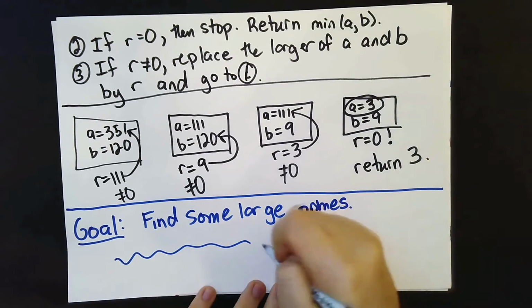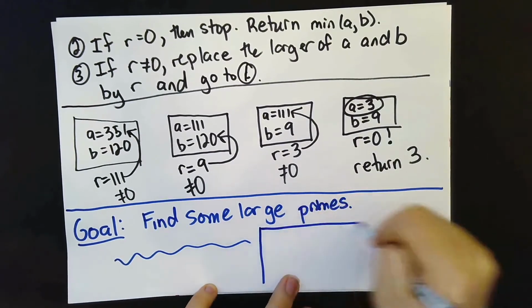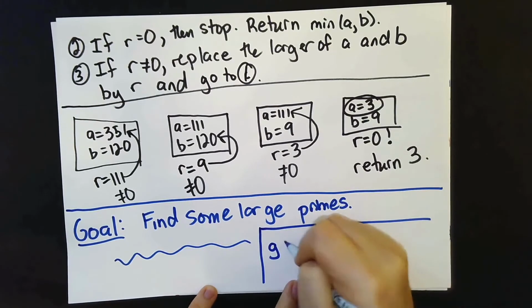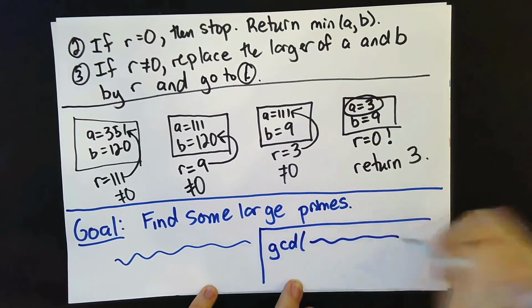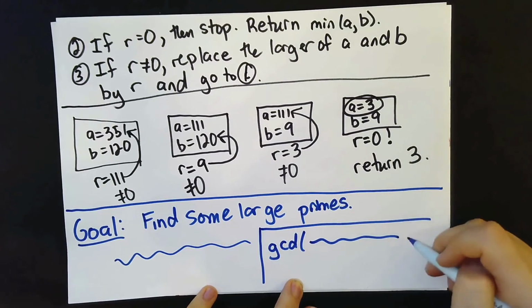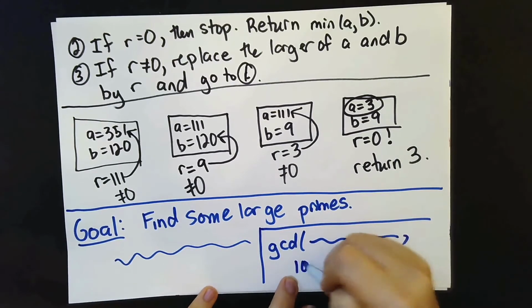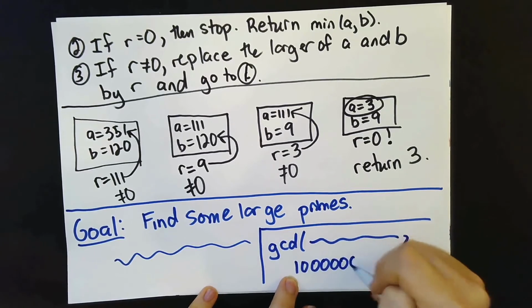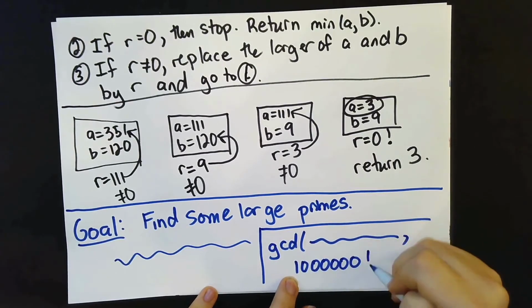But in fact, what you can actually do is to calculate the GCD of this number, which remember is gigantic. I'm picturing that this number is like 1,000 digits or something like that, with, let's say here, 1,000,000 factorial.